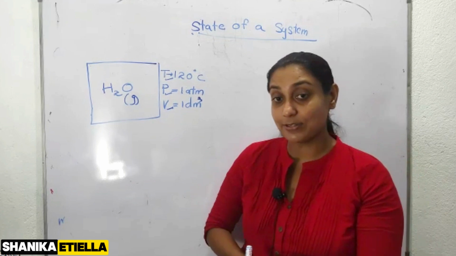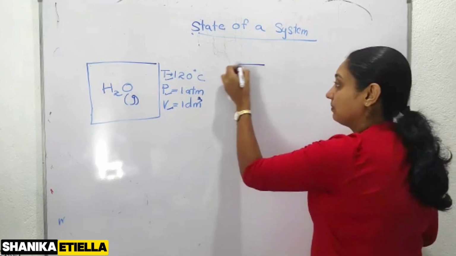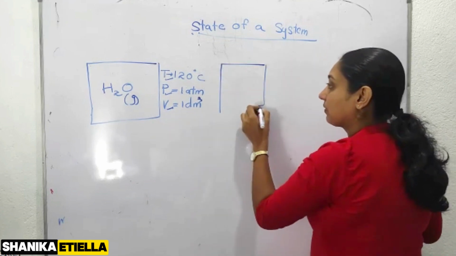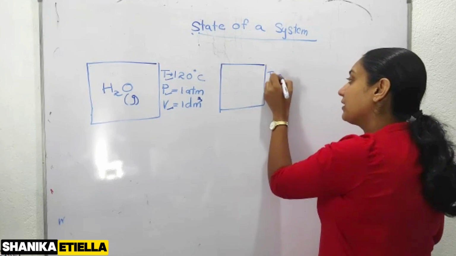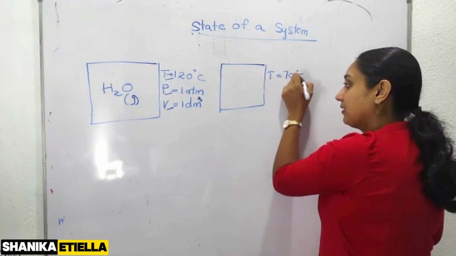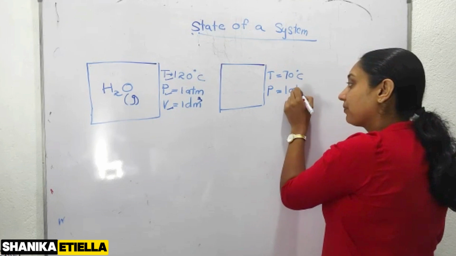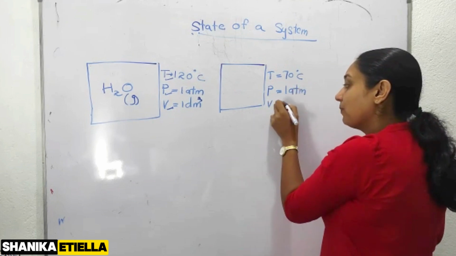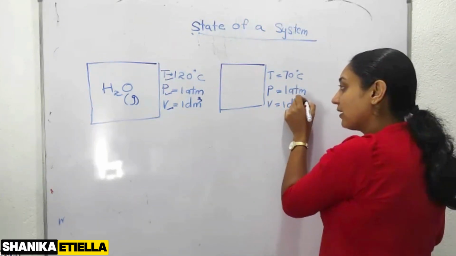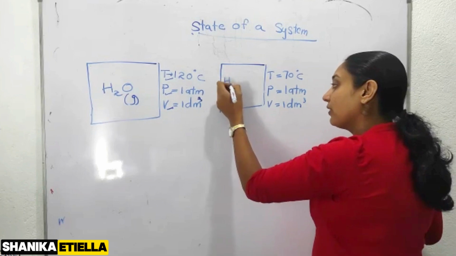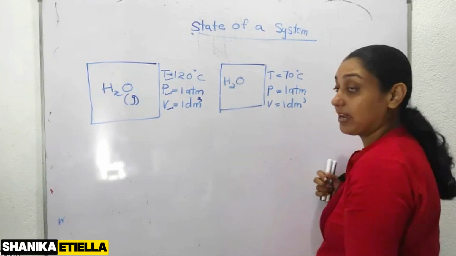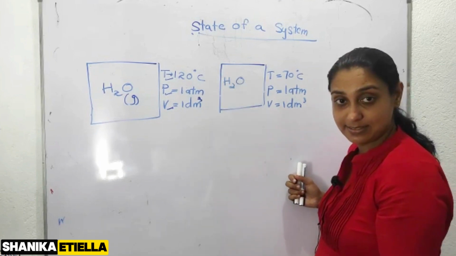If I give that system a temperature of 70 Celsius, pressure 1 atm, and volume 1 cubic decimeter, can you tell me the water at 70 Celsius is in which phase?